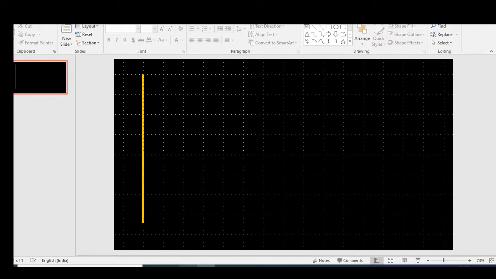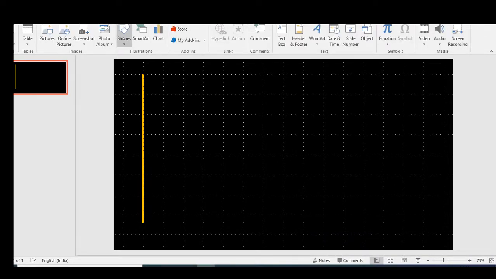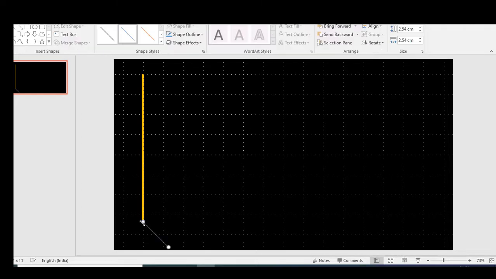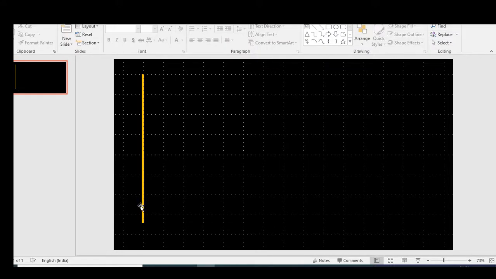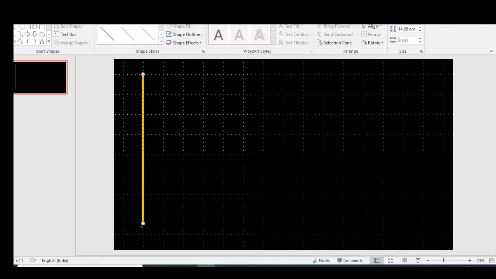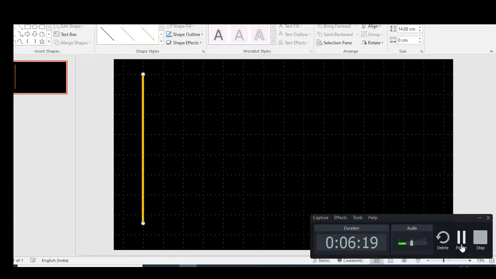Just let me check whether it is recording or not. Yes, it is recording. Now we can draw our I naught at an angle theta naught. In the exam, you have to do it by yourself on graph paper, or a scaled graph will be provided to you, and you need to do things as per the scaling of that graph.